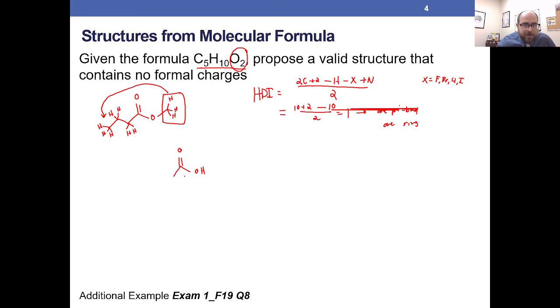And then I would have 4 carbons coming off to get me to my 5 carbon chain. So 1 carbon, 2 carbons, 3, 4. So 1, 2, 3, 4, 5 total. Again, count up the number of hydrogens to make sure those match. I have 1 hydrogen here, then 2, another 2, that gets me to 5, another 2 gets me to 7, and 3 would get me to 10.